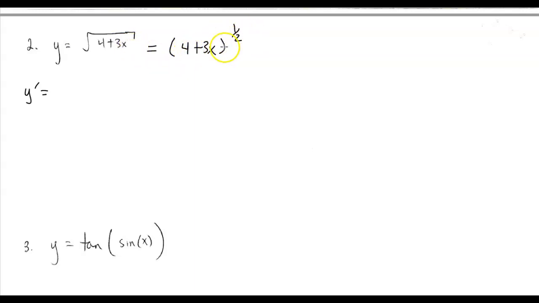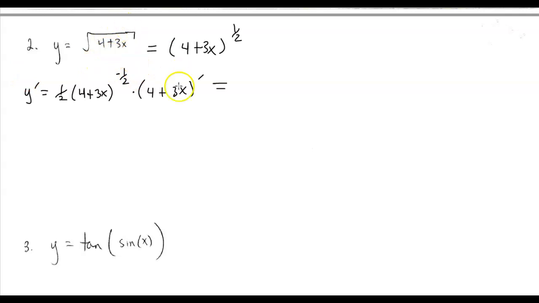So the derivative of blah raised to the 1/2 would be 1/2 times blah raised to the negative 1/2, because that would be 1/2 minus 1 in the exponent using the power rule, multiplied times the derivative of blah with respect to x. Now, what is blah? It's just the inside function here. So we would have 4 plus 3x here, 4 plus 3x here.